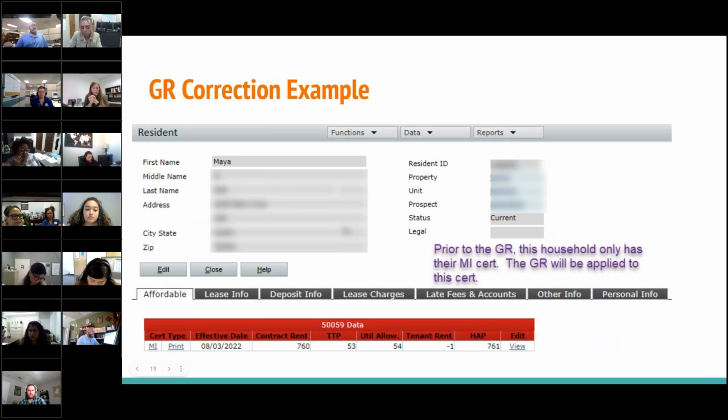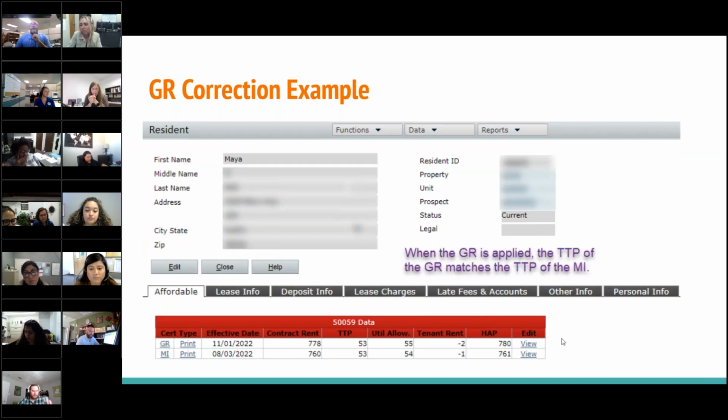So let's look at an example here, and we're kind of hopping months. We're kind of skipping forward in time. So for this household Maya, we see that they have this move-in. It's effective August 3rd. When Christian goes in to create the gross rent, that gross rent is going to be based on this certification. And we see that here.